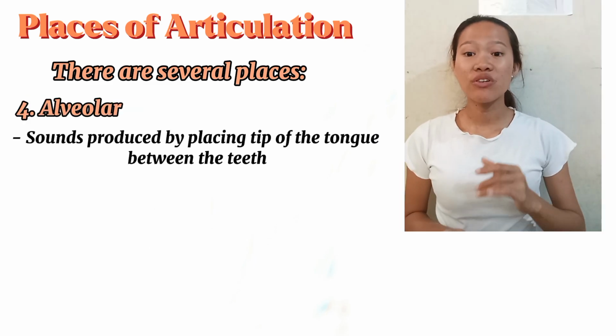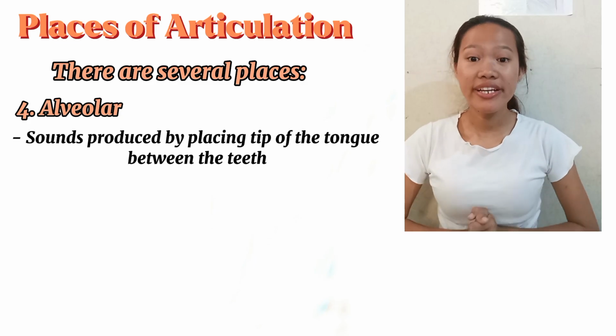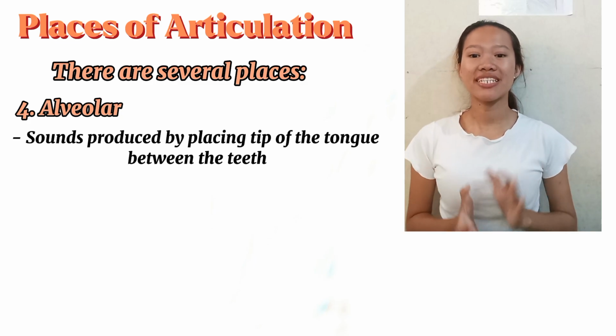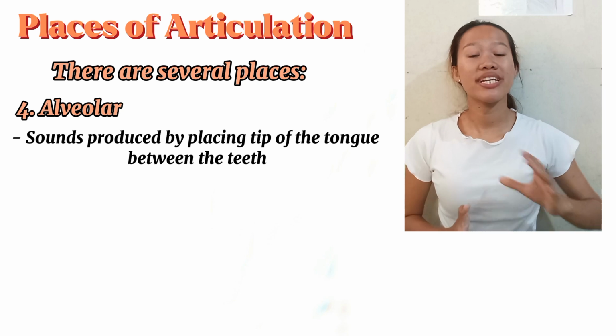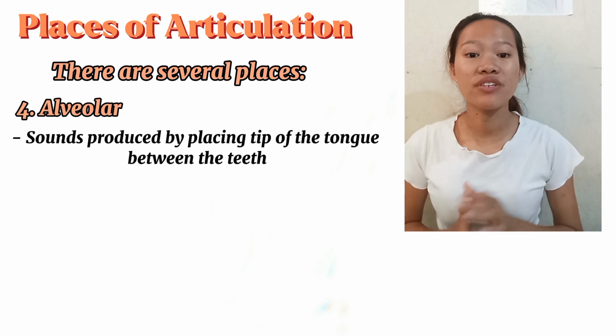The word alveolar comes from alveolar ridge, which is the small bumpy area just behind your upper front teeth. It is produced when the tip of your tongue touches or comes very close to the alveolar ridge.